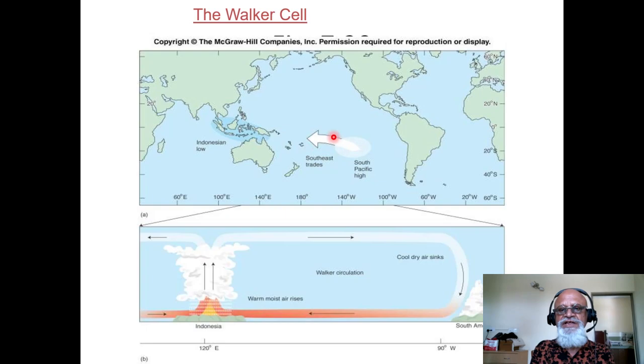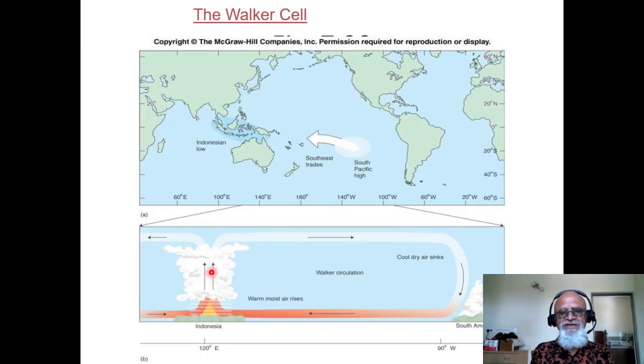Here is the Walker cell again. You have high pressure or colder waters, so that's Tahiti where lots of data exists, and that's what Walker used in the 1920s to define the Southern Oscillation. This pressure is low because warm SST means low pressure; normal conditions, high pressure, low pressure, lots of rainfall, dry desert-like conditions. Here is the Walker cell looking from the side.